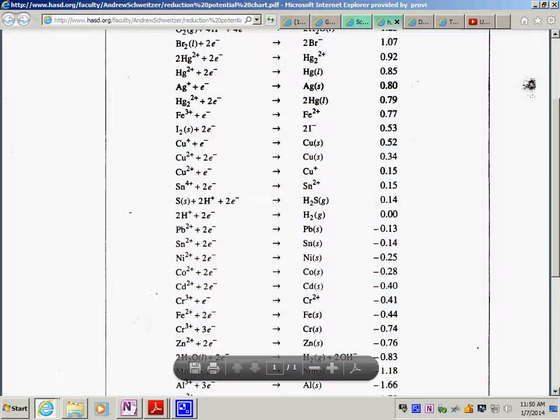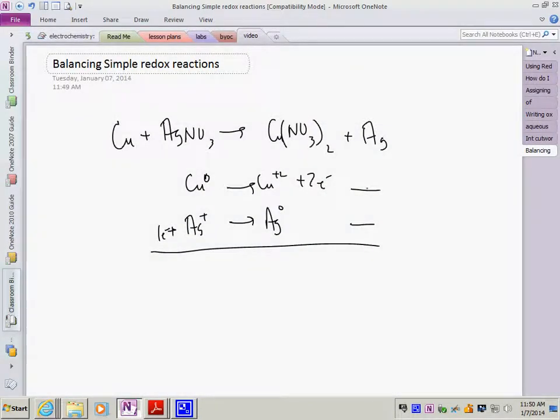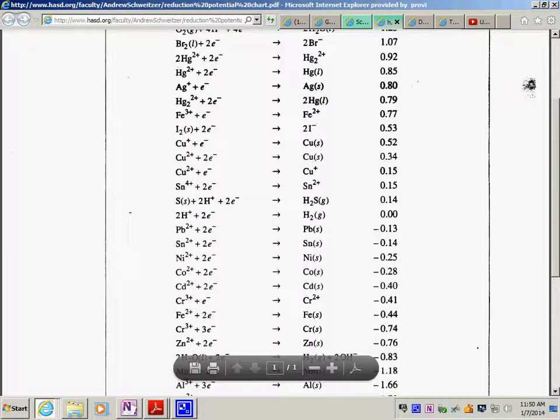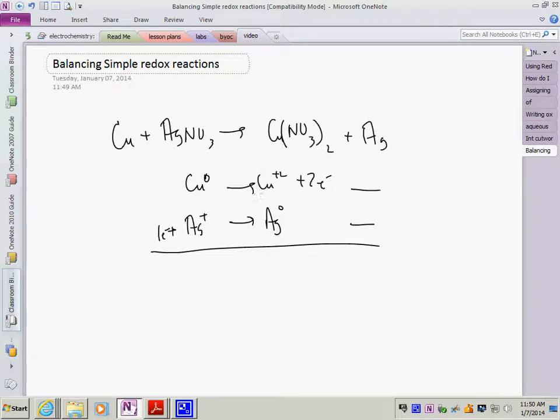Okay, so we have copper 2+ plus 2 electrons gives me 0.34 volts. I should change it because I have the reverse reaction. Make sure I got that right. Copper 2+, okay, a negative 0.34 volts. So this guy doesn't want to give away 2 electrons.